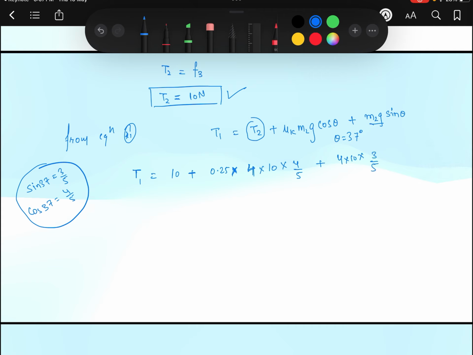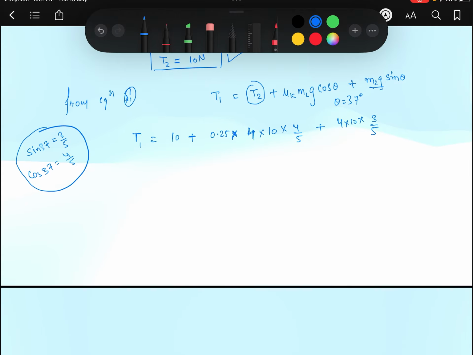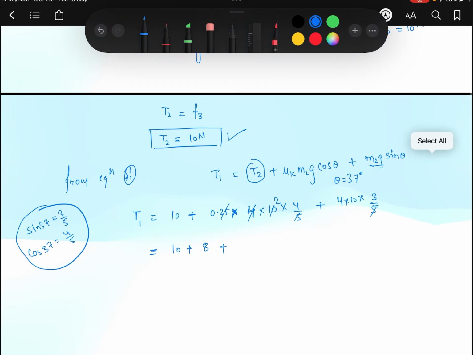Now we just have to add these values and we will find the value of T1. T1 is equal to 10 plus this 0.25 will be cancelled out by this 4, and this will be 2, so this term will be 8, plus 4 multiplied by 2 is 8, multiplied by 3 is 24.